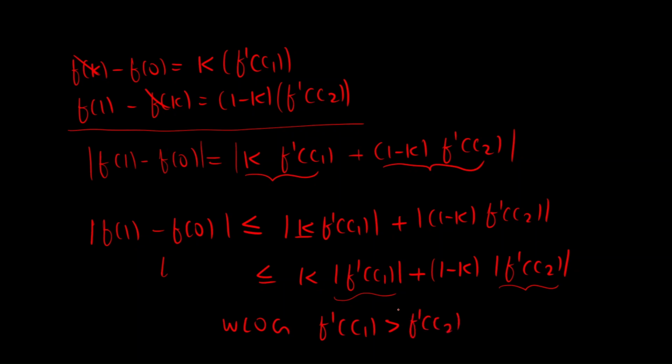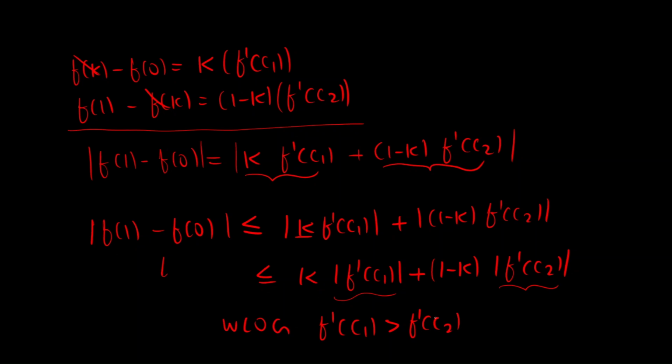Now you can say that maybe in some interval f dash of c1 may be equal to f dash of c2. But since k is a moving point in 0 to 1, we cannot guarantee equality in every case, because if we guarantee equality in every case, it will mean that the function is a linear function, which our question says is not possible. So for some of the other k, f dash of c1 will be greater than f dash of c2.